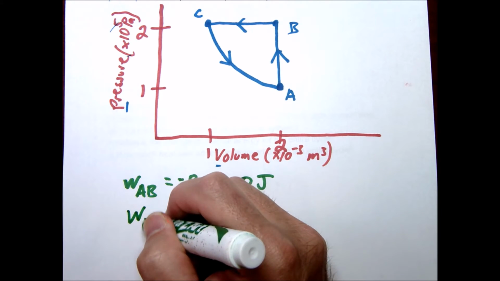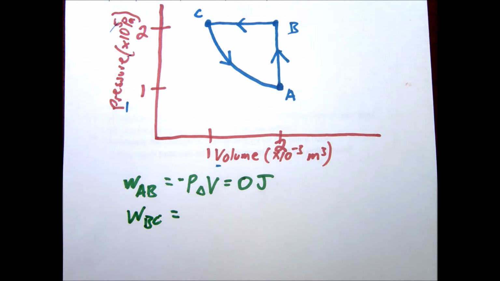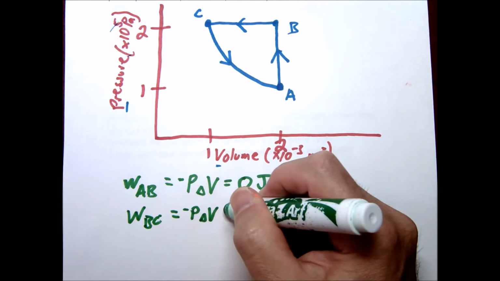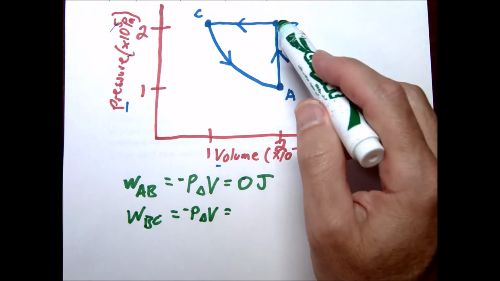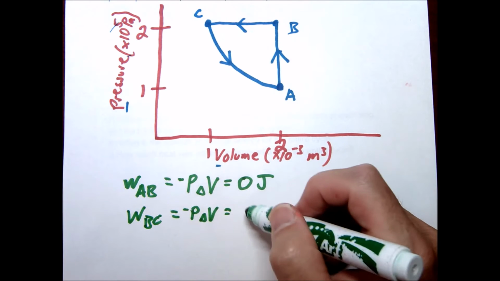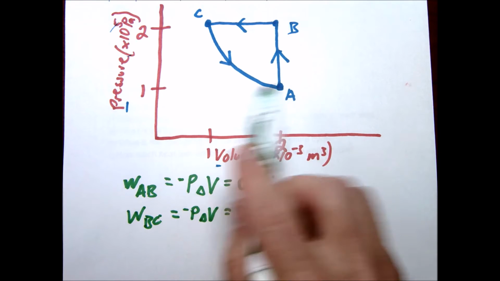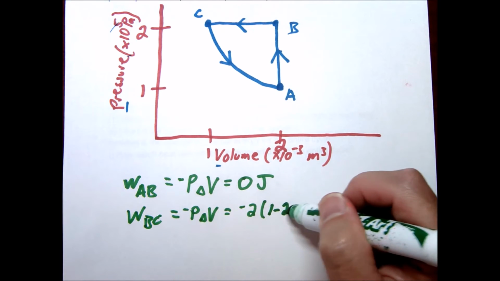We'll do the work from B to C. Again, we can just use our equation if we want. B to C, the pressure is staying at 2, so it's going to be negative 2, and then our volume is going from 2 to 1, so we would subtract 1 minus 2.